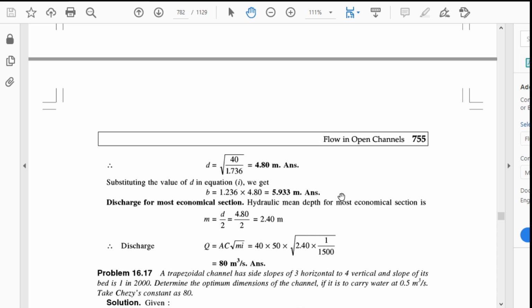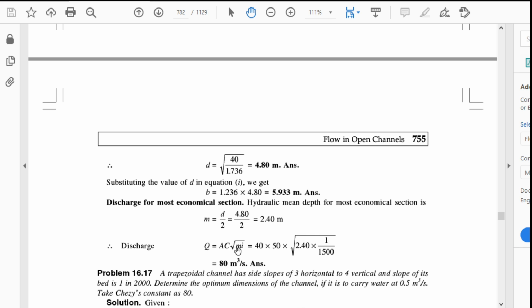Now the discharge for the most economical channel section, or discharge for any open channel flow, can be calculated by using Chezy's formula. Okay, now Chezy's formula is Q equals discharge equals AC root MI.